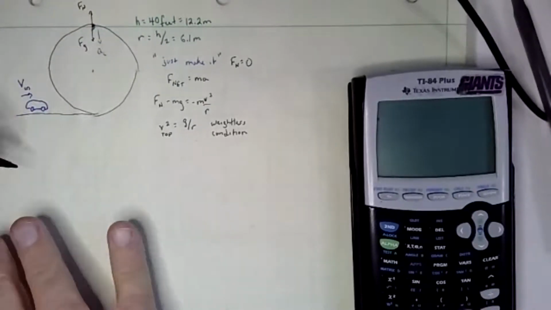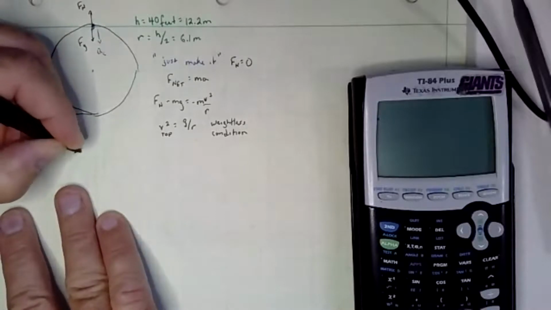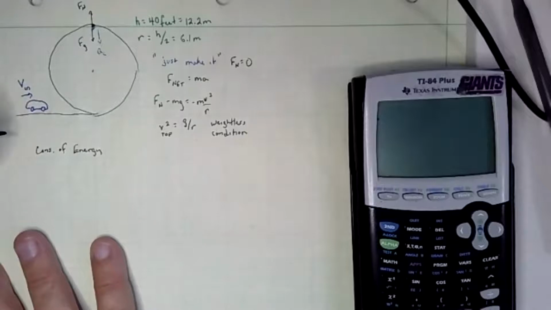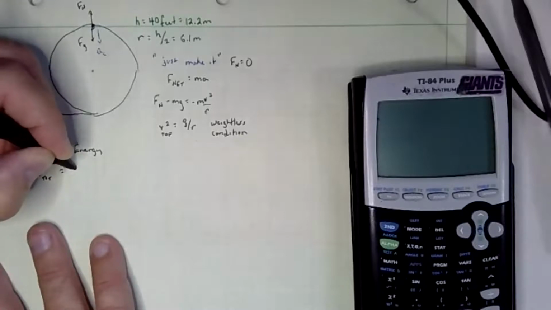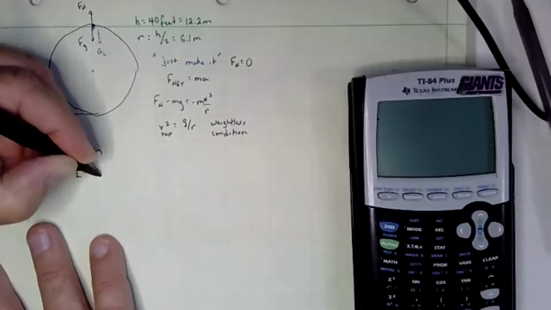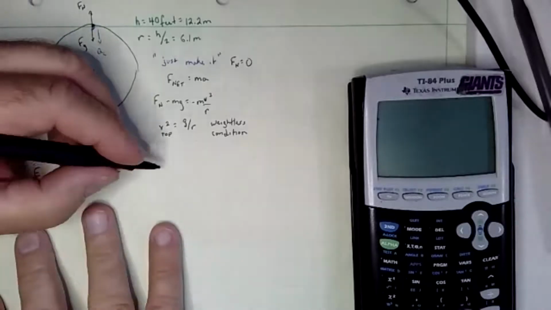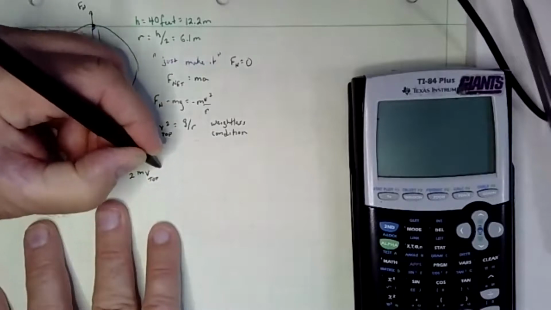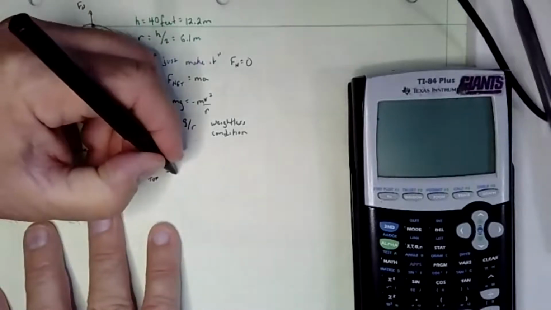Now let's invoke conservation of energy. So on the way in, we have kinetic energy. So the total energy is going to be equal to 1/2 m v in squared. And then that's also going to be equal to 1/2 m v top squared plus the potential energy at this height, which is mass times gravity times height.